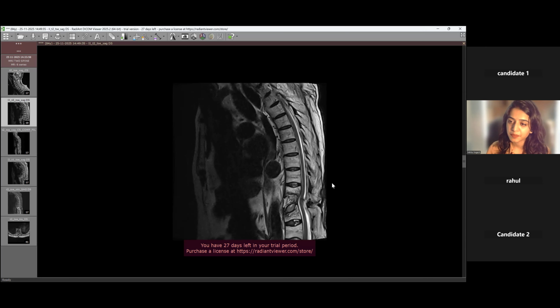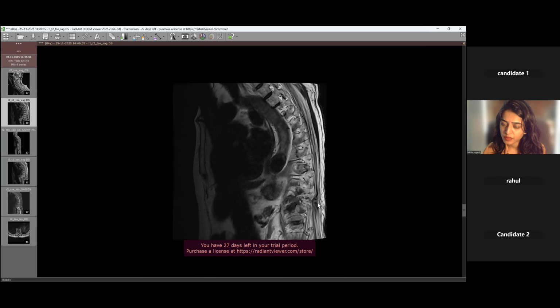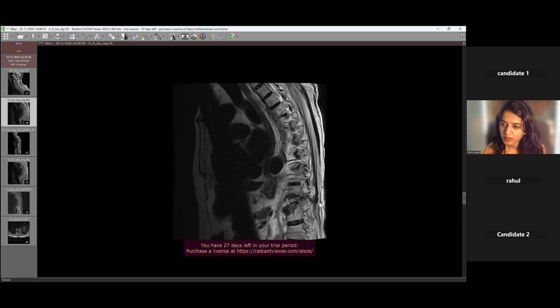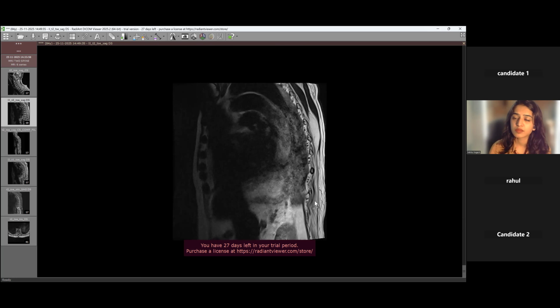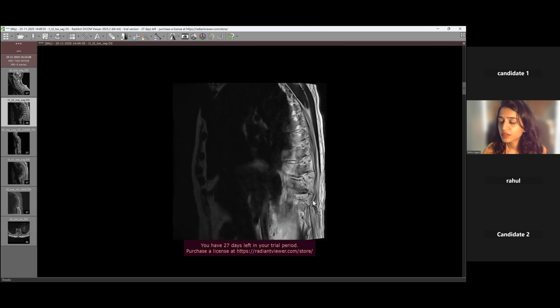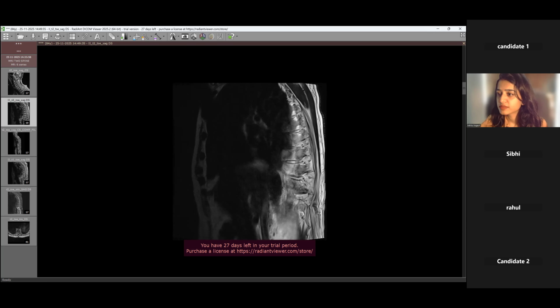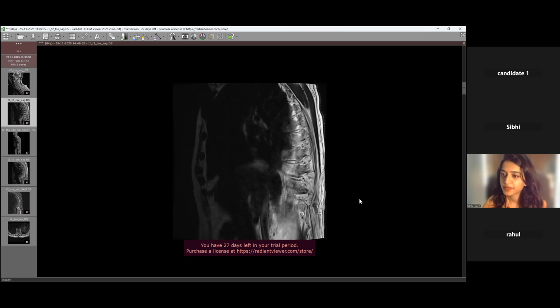So there is a significant abnormality noted in the mid to lower dorsal level, in which there is deformed or destructed dorsal vertebrae, and also an abnormality along the posterior aspect. It's moving on its own. One second. Let me just try to get it back.